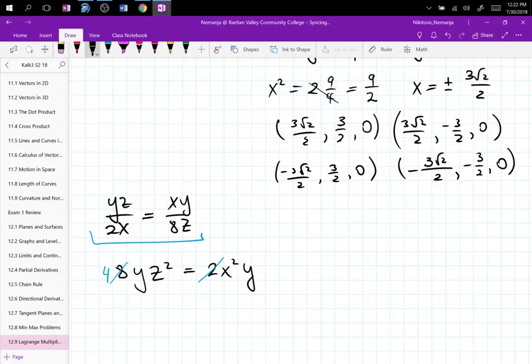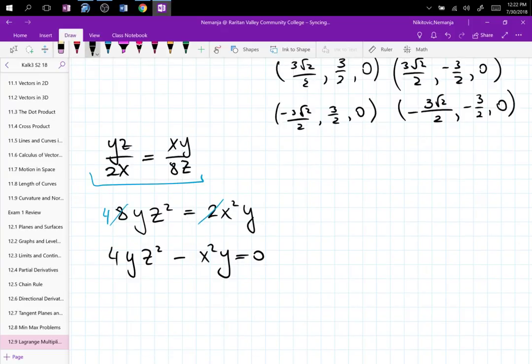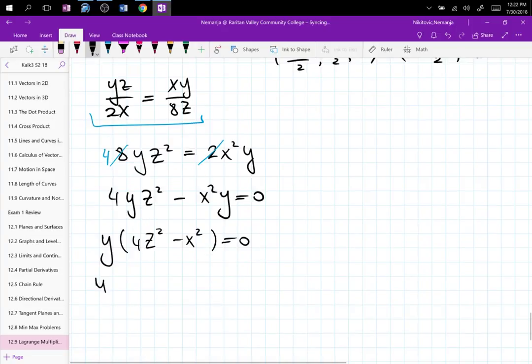Now 4yz squared minus x squared y equal to 0. Factor out y. Have your 4z squared minus x squared equal to 0. So y is equal to 0, or x squared equals 4z squared.